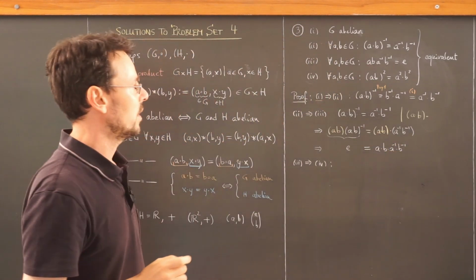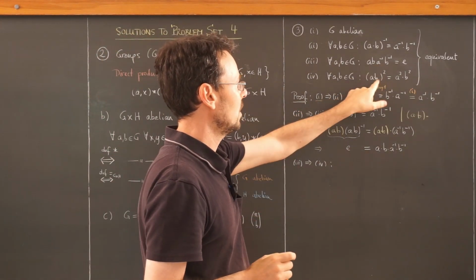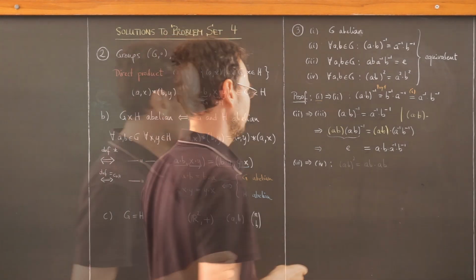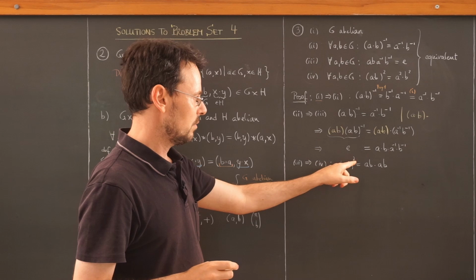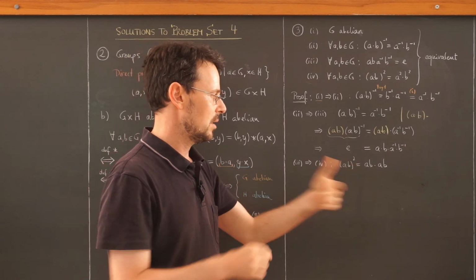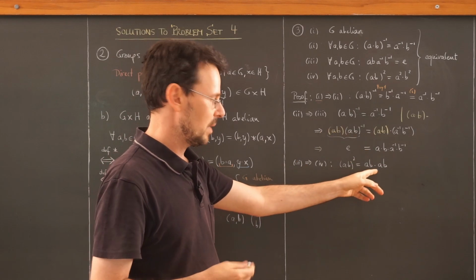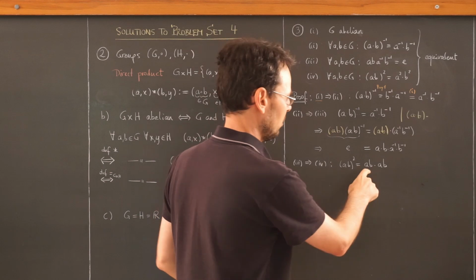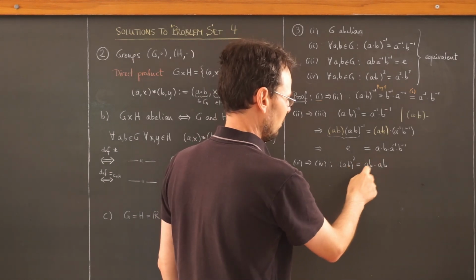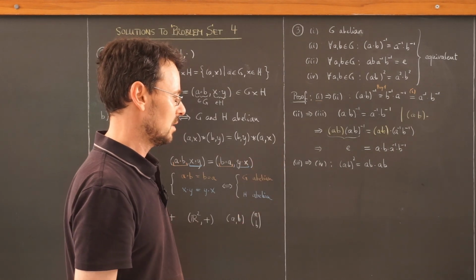Next, 3 implies 4. We assume that this here is true, and we have to prove this. All right, so first of all, by definition, something squared in a group means this element composed with itself. I speak of multiplication, although you shouldn't confuse it with normal multiplication. So we have this, and again by associativity I drop the parentheses.